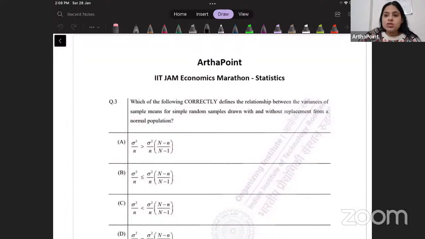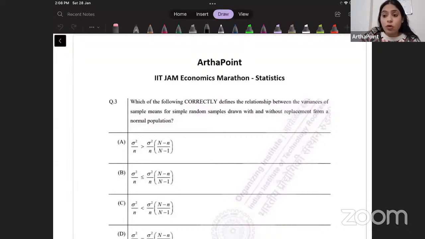It has not focused a lot on the intermediate or advanced stuff. It has been focusing majorly on basic economics and basic statistics. So we will see why that basic economics is important and why at the end of the day you should be focusing a lot on your formulas. That is what they have been focusing on.